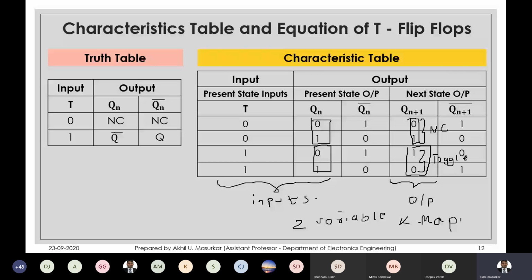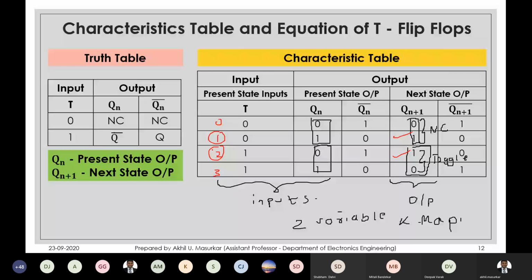So I am going to the next one, that is K map. So you can see here in the K map which all things will be 1. So this is 0, 1, 2, 3. You can see here that Qn plus 1 is 1 for 1 and 2. So we have K map, and 1 and 2 is 1.